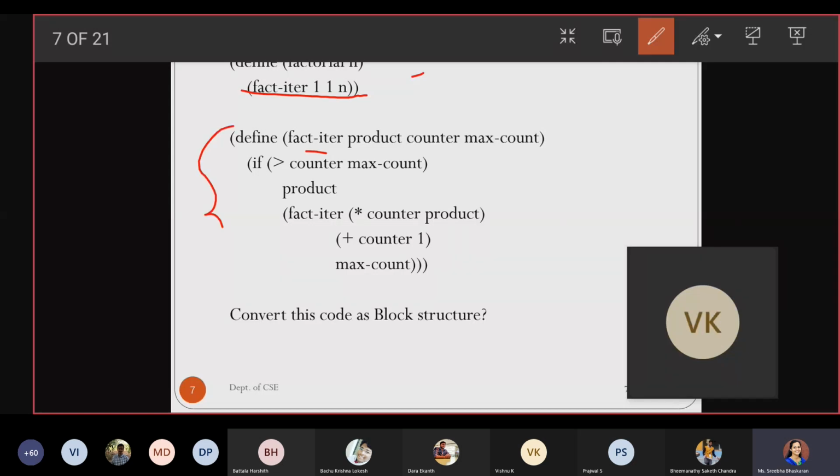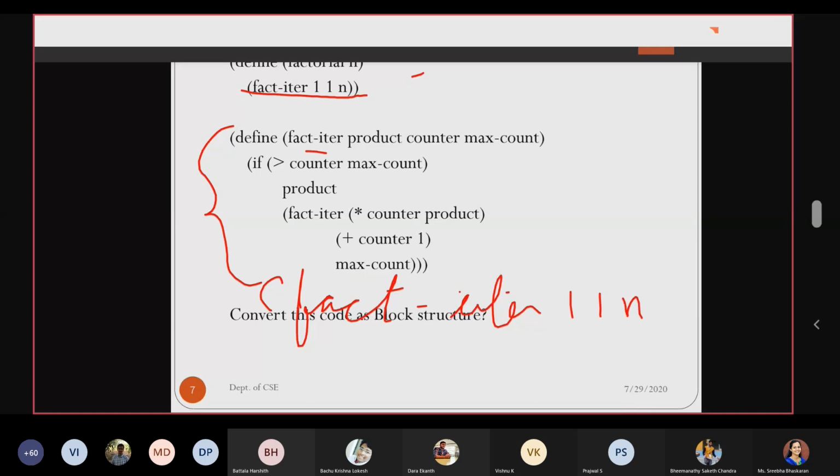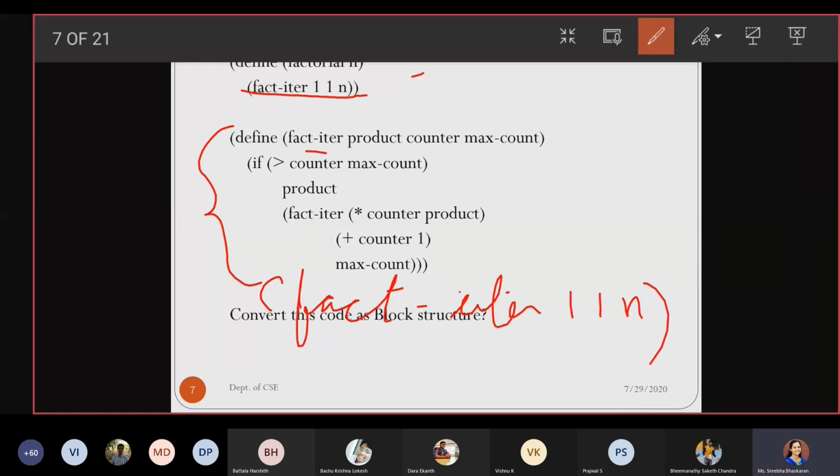You define this entire part, and then you call your fact ITR with 1, 1 and n, and then you close your fact procedure.